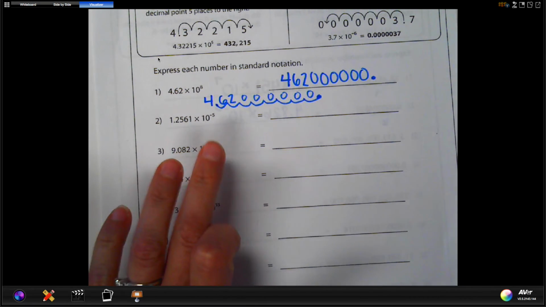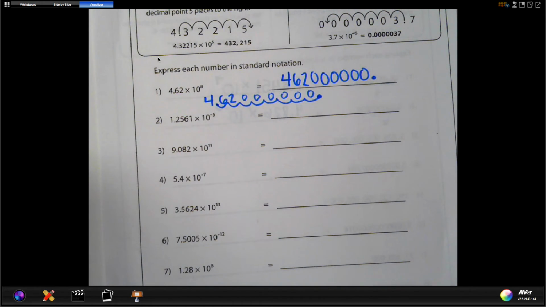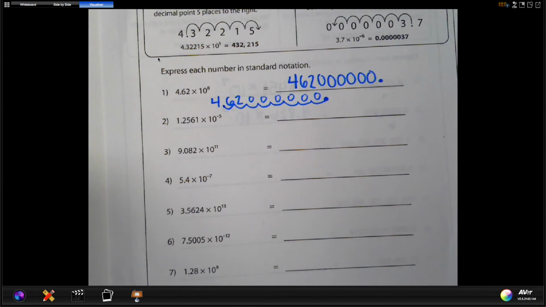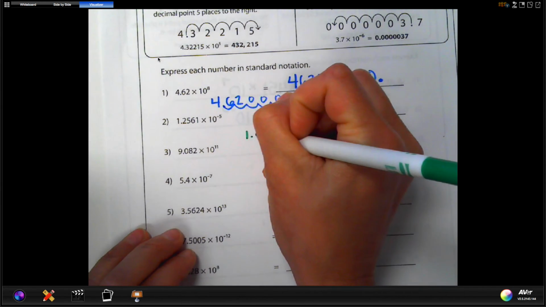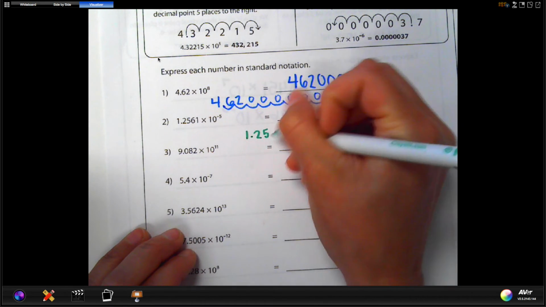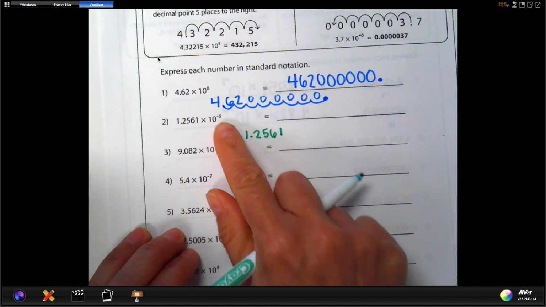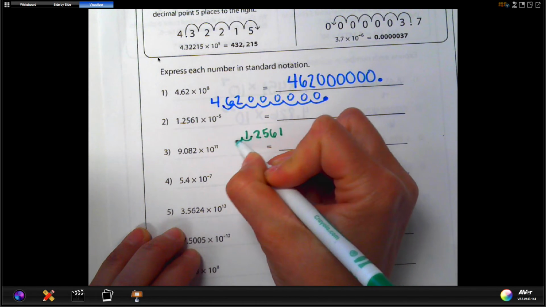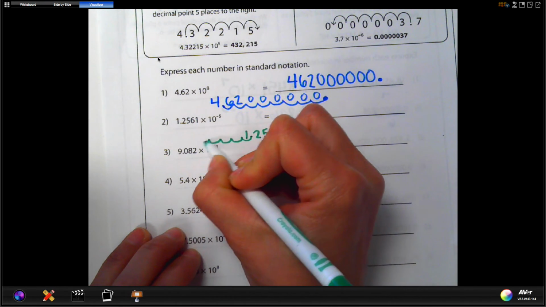What about if it's a negative exponent? Again, we took the notes. Negative says move left. So we are going to write our work down here. 1.2561. 5 is our exponent and it's negative, so we're going to move left 1, 2, 3, 4, 5 spaces.